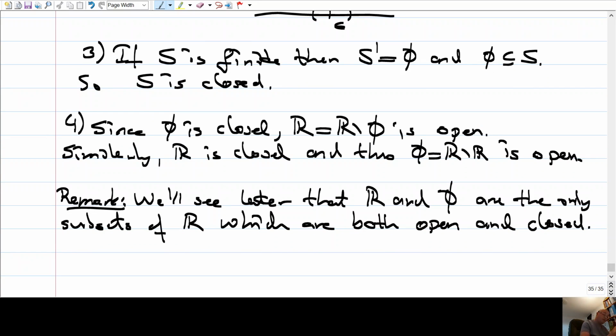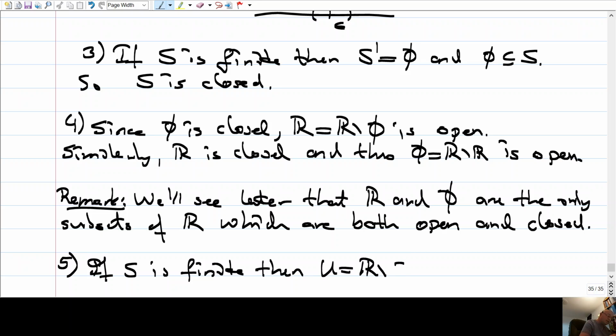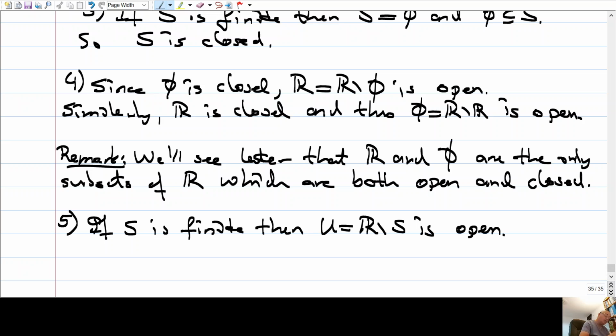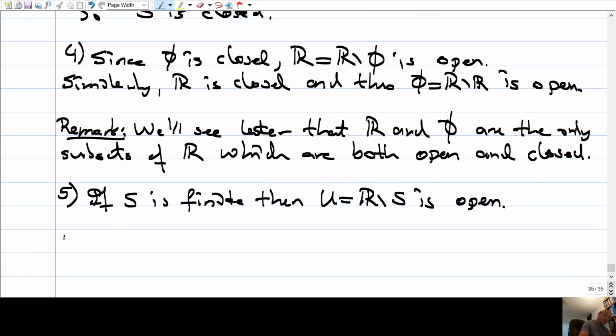And here we also saw that any finite set is closed. So if S is finite, then U, which is R minus S, is open. Okay. Because any finite set is closed, therefore R minus S is open.